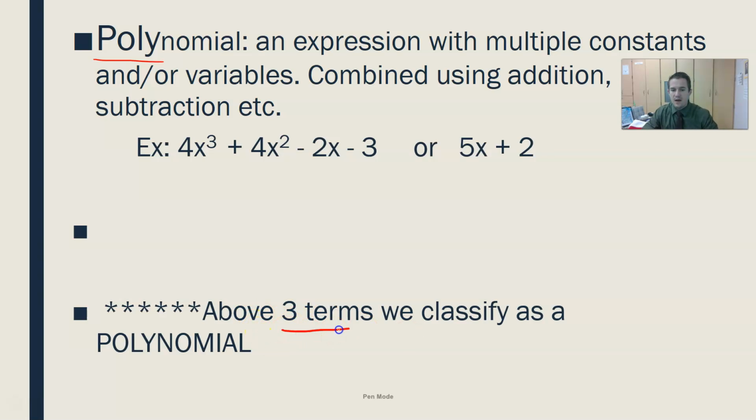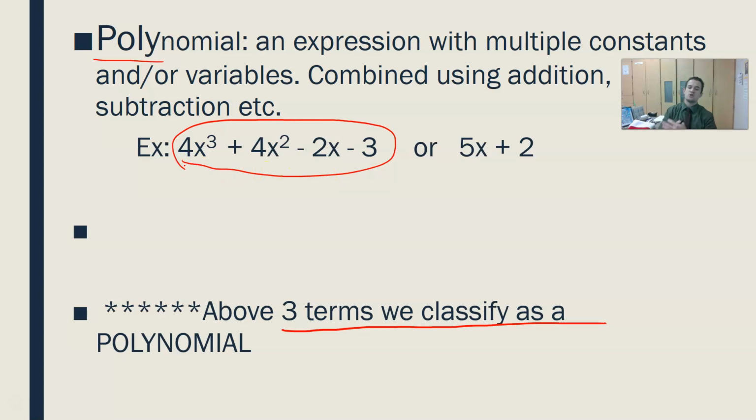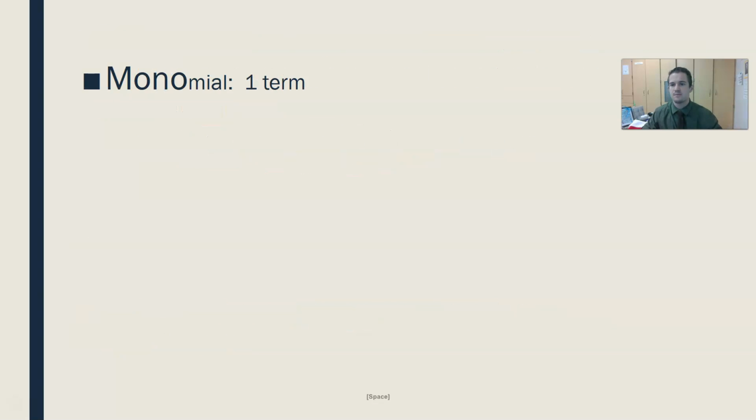If a polynomial has more than 4 terms, we usually just call it a polynomial, like a polynomial with 4 terms. With 3 terms or less, there's some specific terminology we usually use to identify those kinds of polynomials.